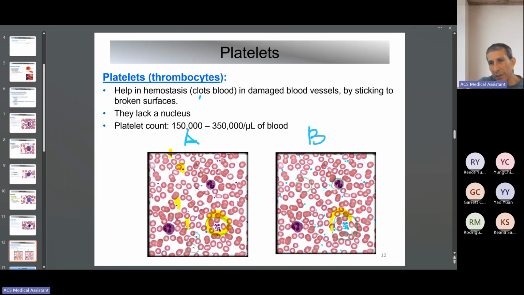So here we have a pile, a group of them, that get together because there is an injury in that area. They go there to create a plug. This is like putting silicone on some areas that are leaking or allowing something to pass through.